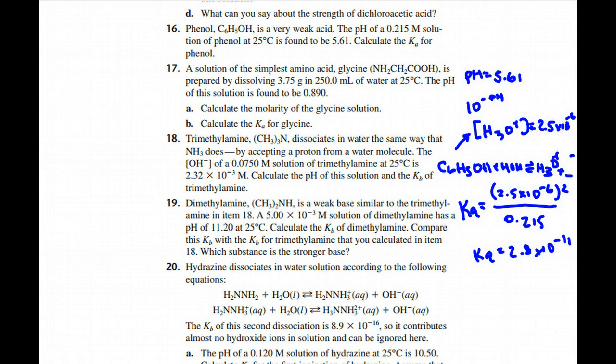Number 17, a solution is prepared by dissolving 3.75 grams in 250 milliliters. pH is equal to that. So if the pH is equal to 0.89, then the hydronium concentration is equal to 0.13.